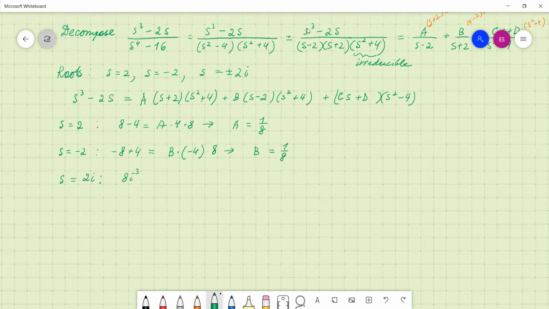8i cubed for the first term and minus 4i for the second term. It's just like that because 2 by 2 is going to give me 4 and there is i. Now, what is going to happen here? Well, guys, because 2i is one of the roots of s squared plus 4, this term is going to disappear, and this term with b is going to disappear. The only term which is going to stay is this term with c. So let's see what we are going to have.